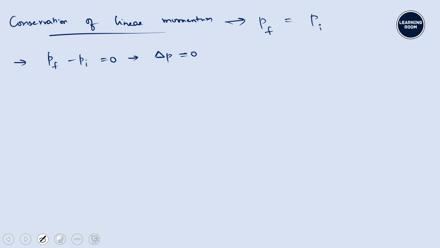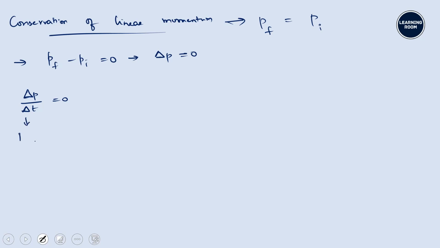But what I'm going to do is, I'll take this delta P and divide it by delta T on both sides. If I do that, delta P divided by delta T is equal to 0 is the required condition for the linear momentum to be conserved. But what does delta P by delta T represent?